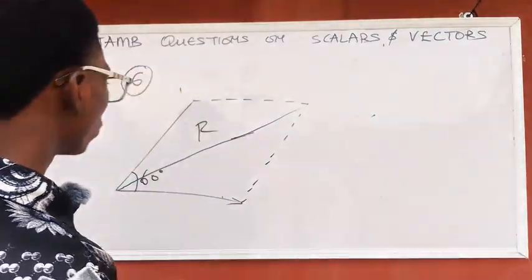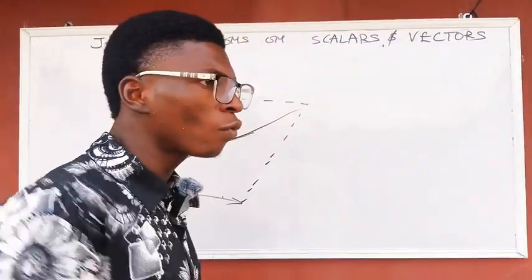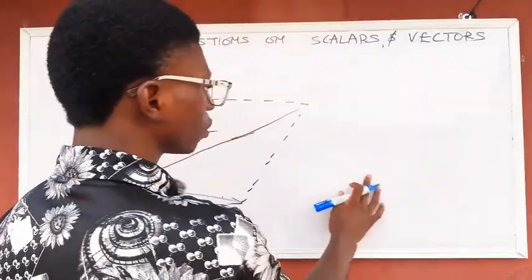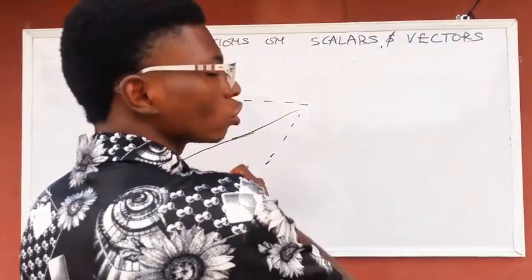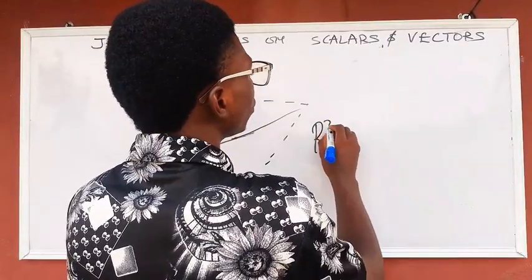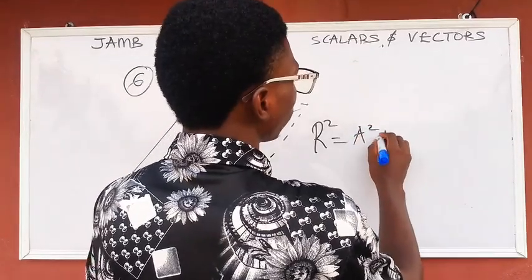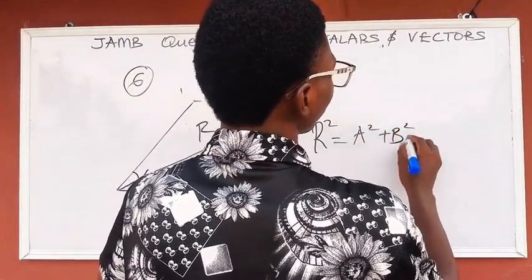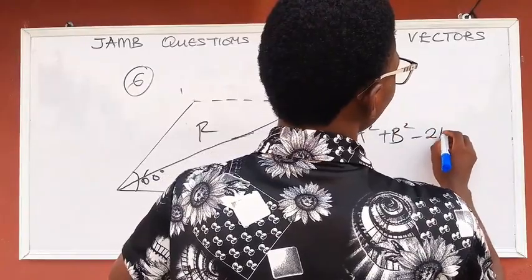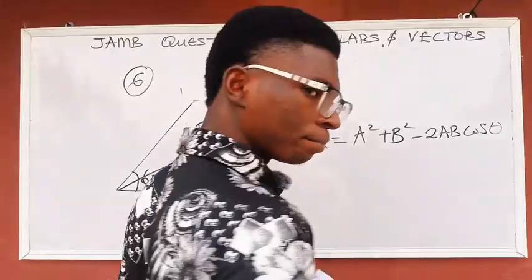Are we together now? I made two formulas during my previous video. We are going to be using the cosine rule here to find the resultant. That will be R squared is equal to A squared plus B squared minus 2AB cos theta.